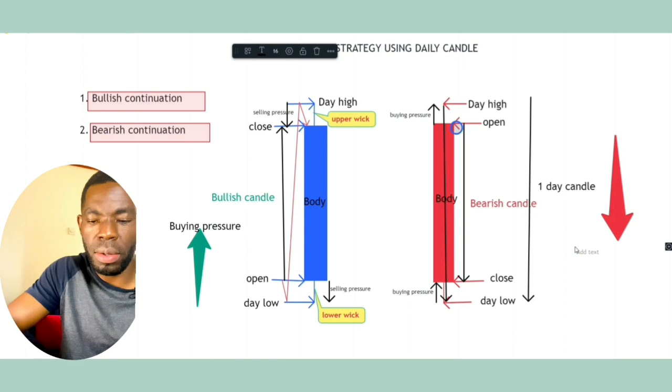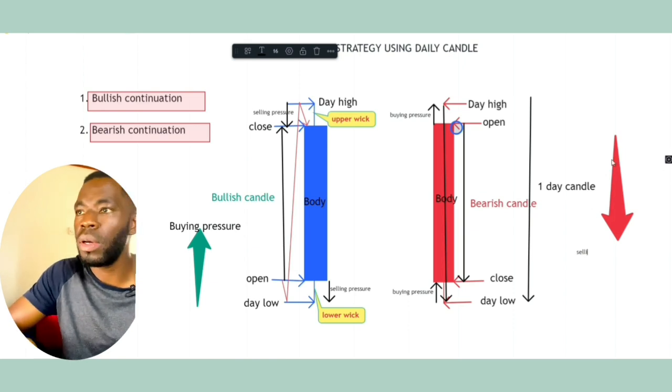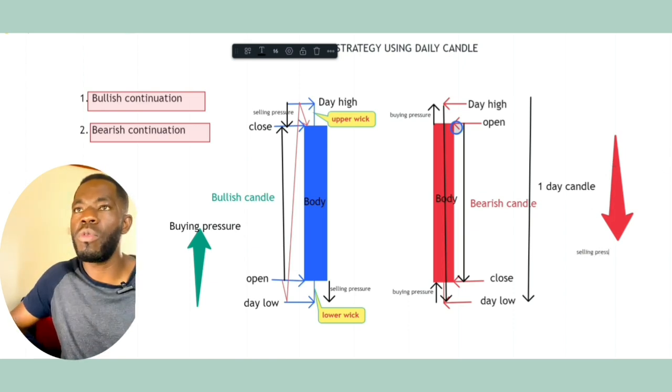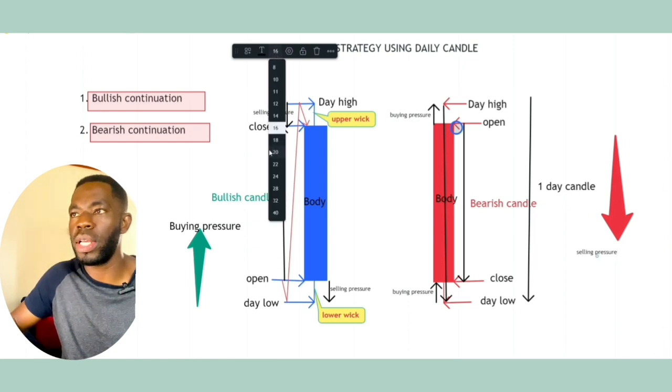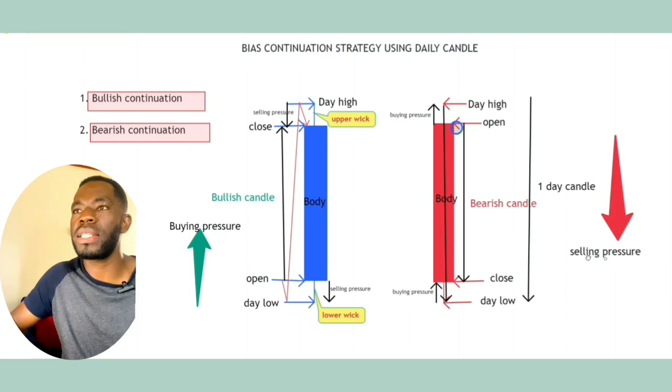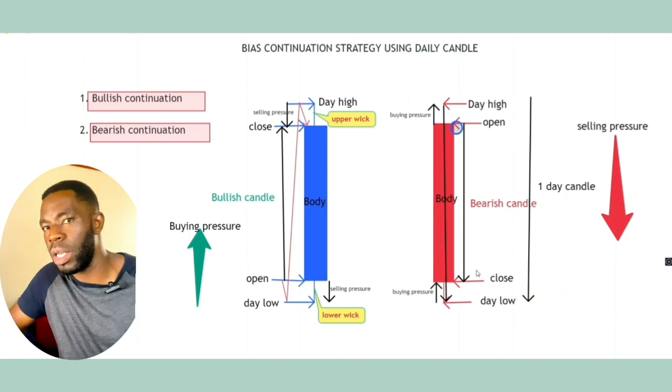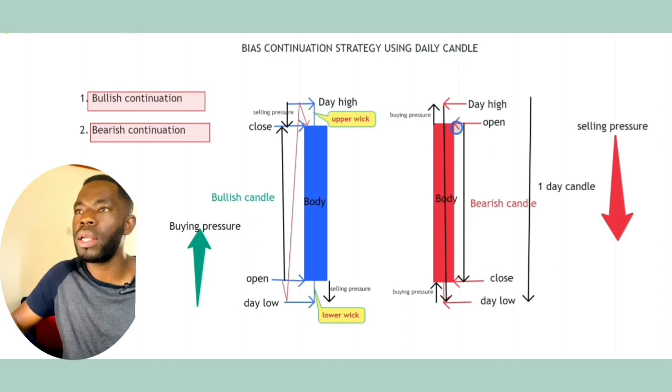During that day we have mostly selling pressure. So it means the sellers were more in control during the whole day. They pushed the price from this open to this close lower than it started at the beginning of the day.